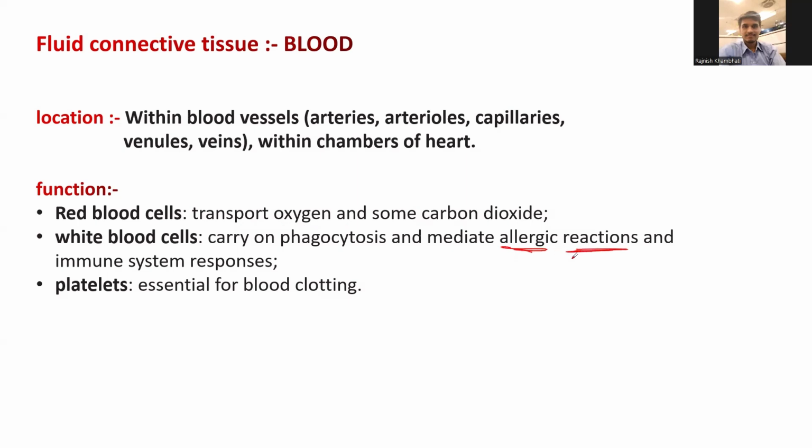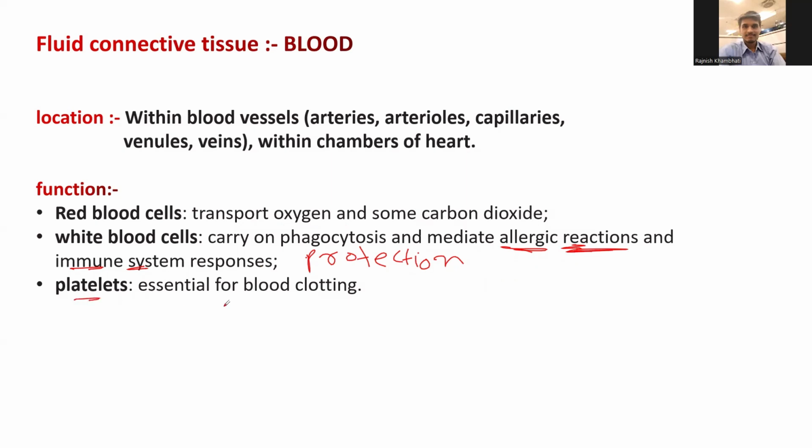If you have some allergies, you feel these allergies because of the immune response, WBC's responses. So these kinds of functions are done by WBC. Normally it will protect. The main function in one word we can write is protection. WBC will protect your body from pathogenic microorganisms.